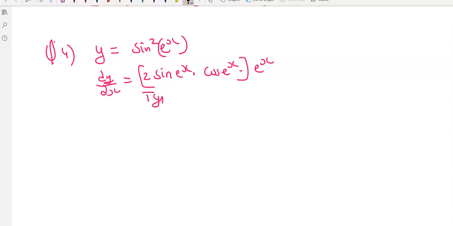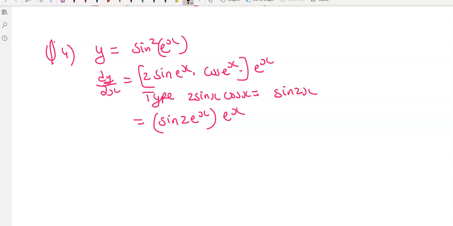It is of type 2 sin x cos x, which is sine 2x. You can further simplify it. Don't multiply this e to the power x with this e to the power x. This is an angle and this is not an angle.